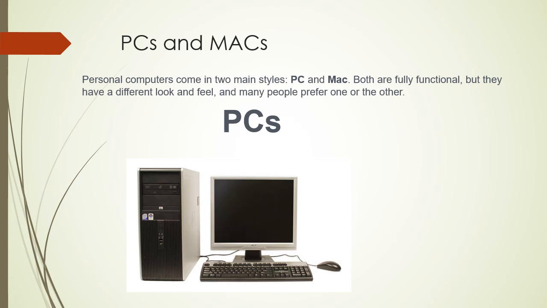These PCs commonly come with the Microsoft Windows operating system. Then you can also install other operating systems in these PCs if you like. Say for example, you want to use the Linux operating system on these IBM PCs, you can make use of them. The other type of PC that we have is the Mac.